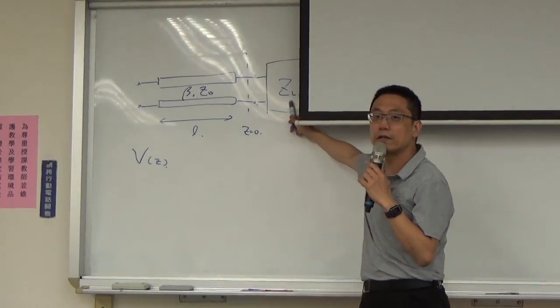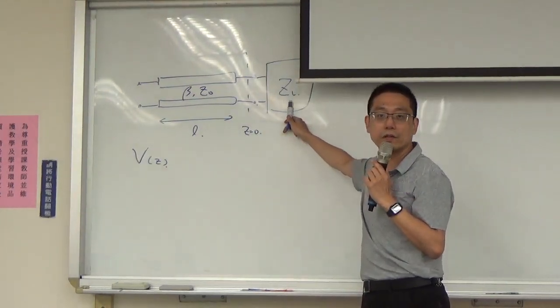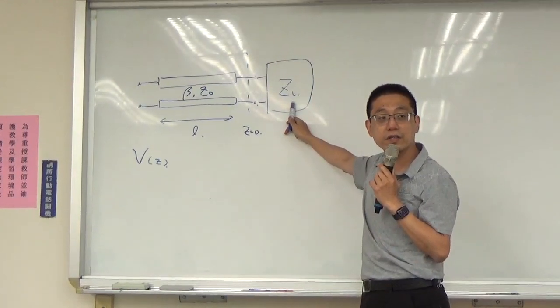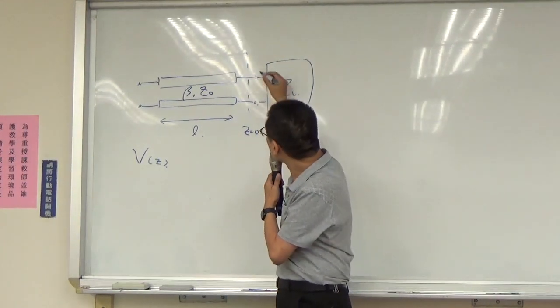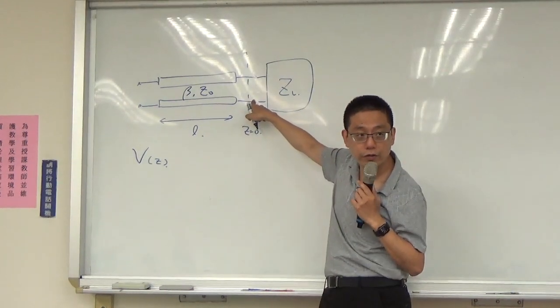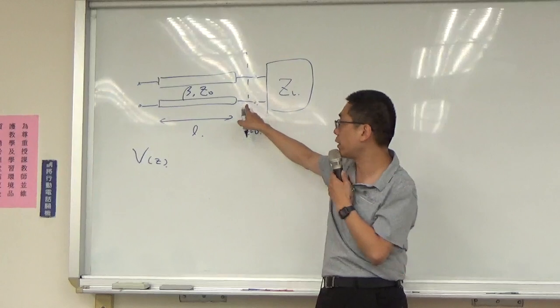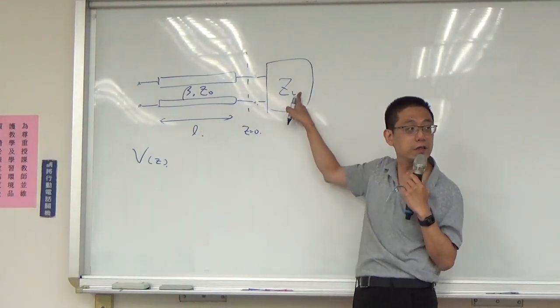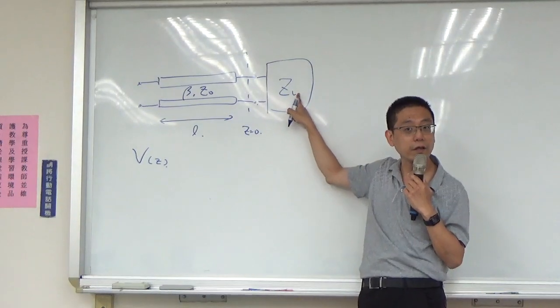What is ZL? ZL means I don't know what it is, but the only thing I know is the total voltage over the total current at this point is ZL, the impedance. This is the only thing I know, okay?